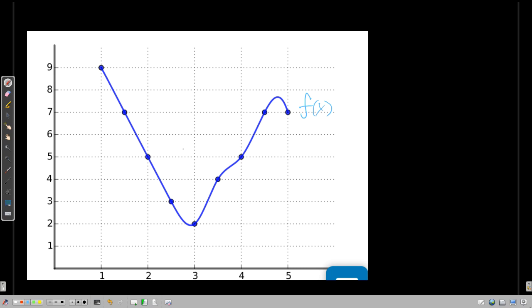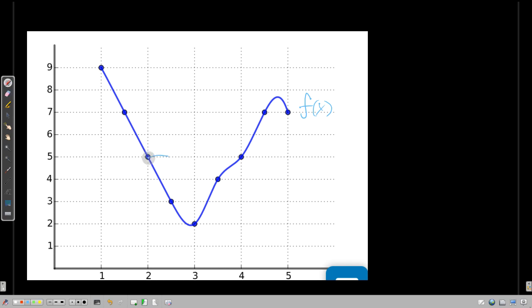If I integrate from 2 to 4, the integral from 2 to 4 is exactly this area, right? Whatever this area is, that's the integral from 2 to 4. I can approximate that area with rectangles. Rectangles are easy to calculate the area of.